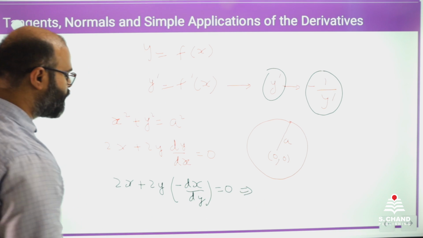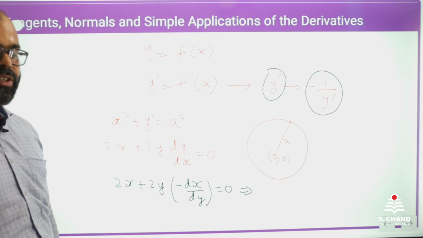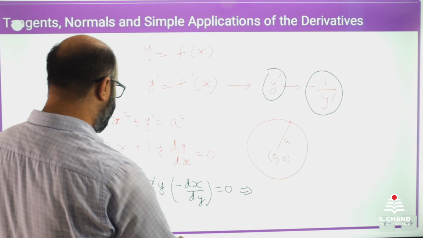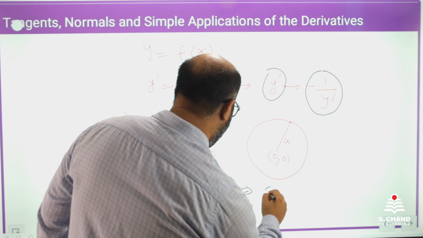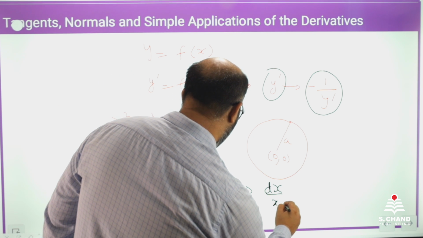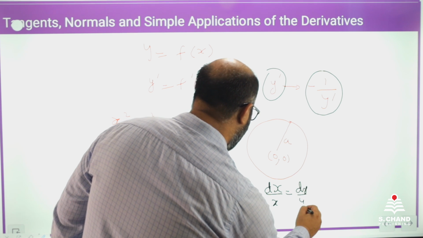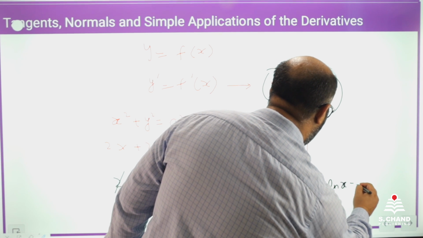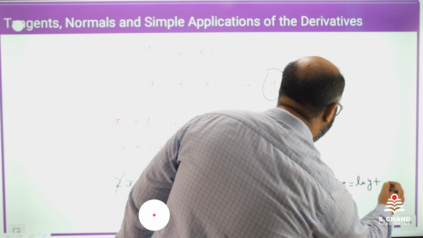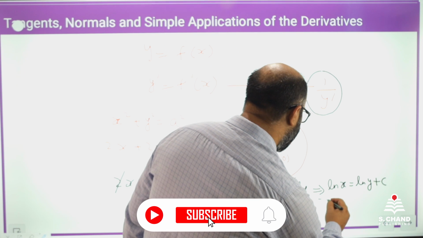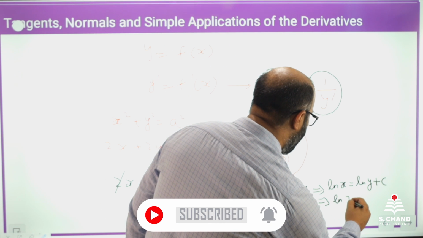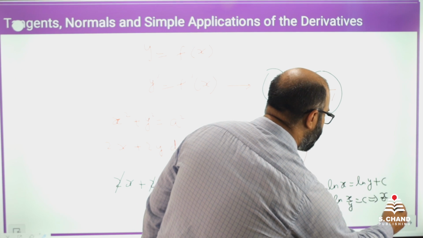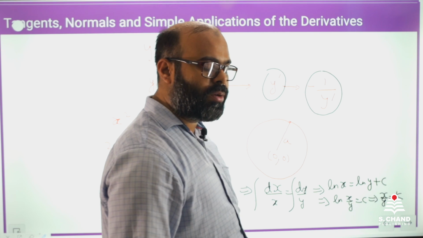In the next step, you can solve this differential equation. How will you do that? You can take this 2 common and it will vanish, and it will become dx by x is equal to dy by y, and integrate both the sides. You will get log of x is equal to log of y plus a constant, which can be written as log of x by y is equal to constant, which means x by y is equal to constant k, which is e to the power c.